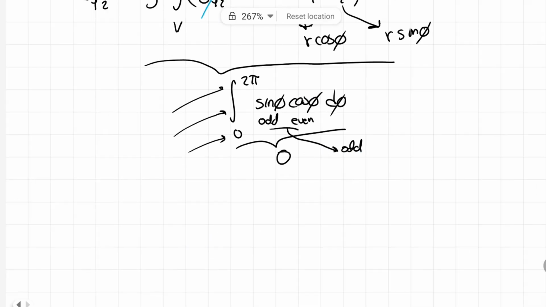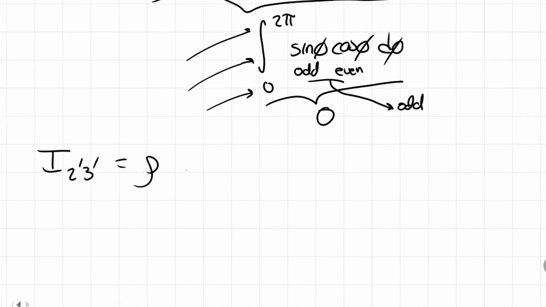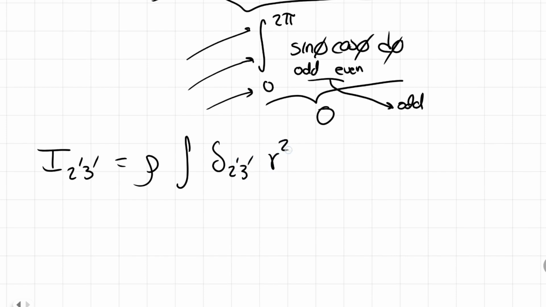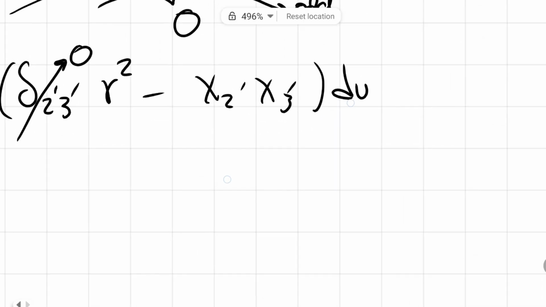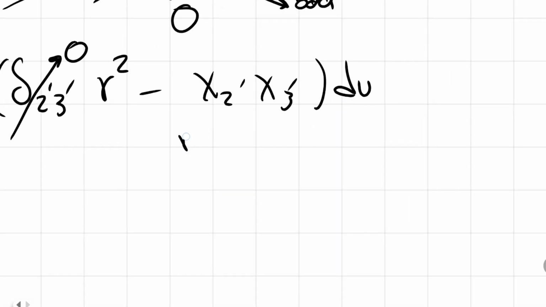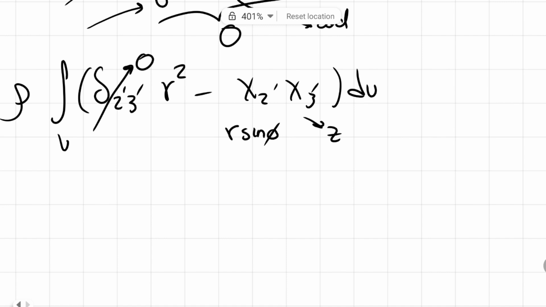What happens then with the component, for example, I23, like this? Well, we are going to get that this is the density, the integral, again, the Kronecker delta 23 r squared minus x2 x3 dv. Again, this Kronecker delta is equal to 0. So we get that here we are going to have r sine of phi, and this is going to be z. Perfect.